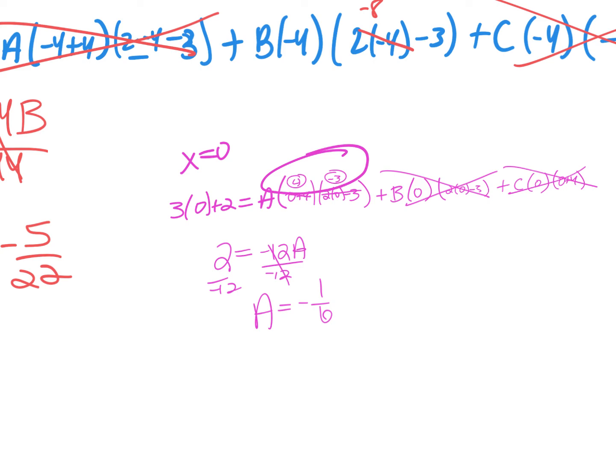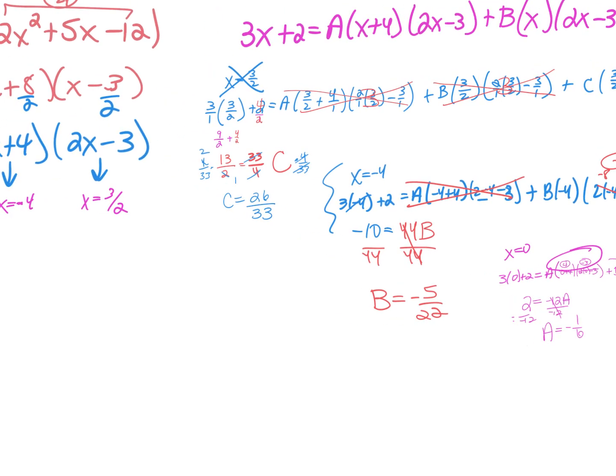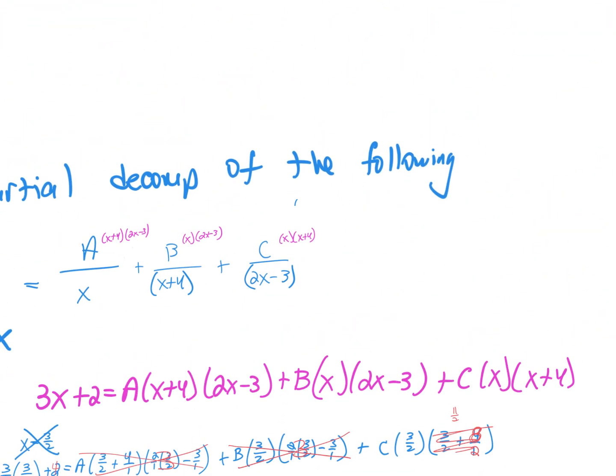Now we figured out what A, B, and C equal. So now we go back and plug them in up here. What did we find out A equaled? Negative 1/6. What was B? Negative 5 over 22. And then C was 26 over 33.